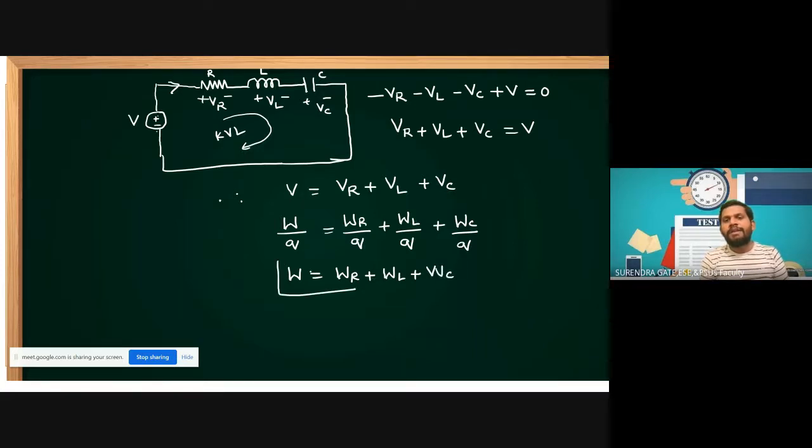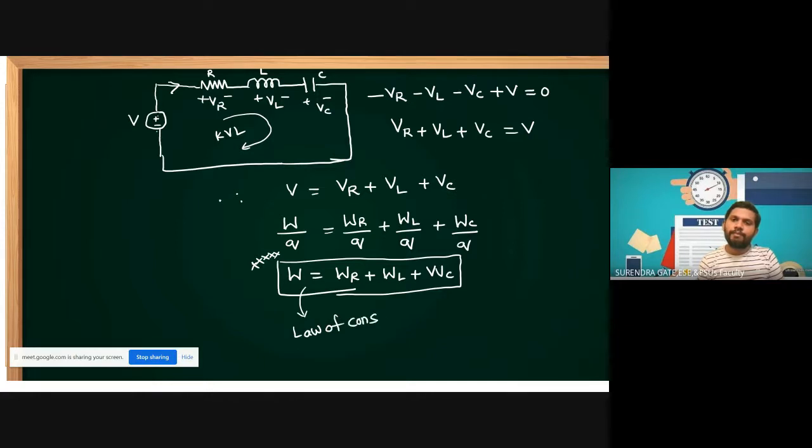Yes, sir, this is the law of conservation of energy. That's why KVL is based on the law of conservation of energy.